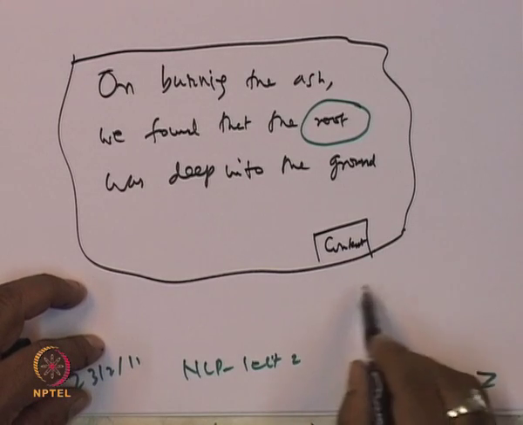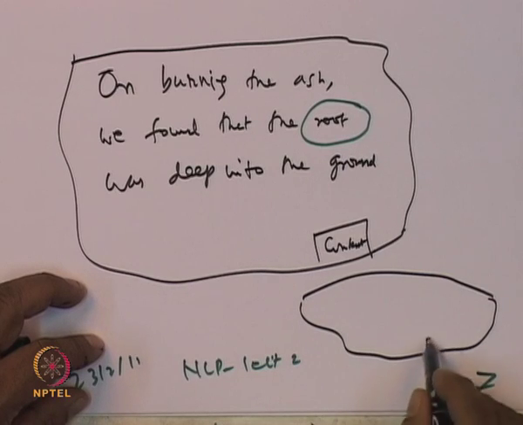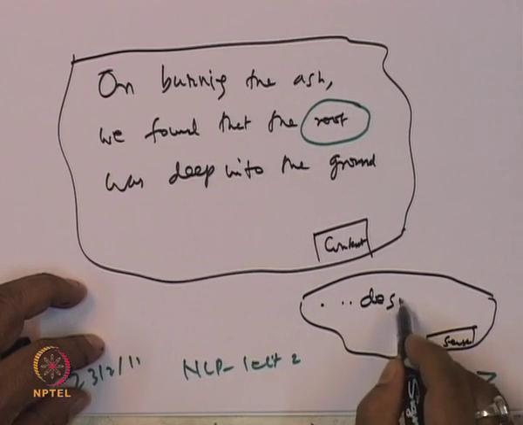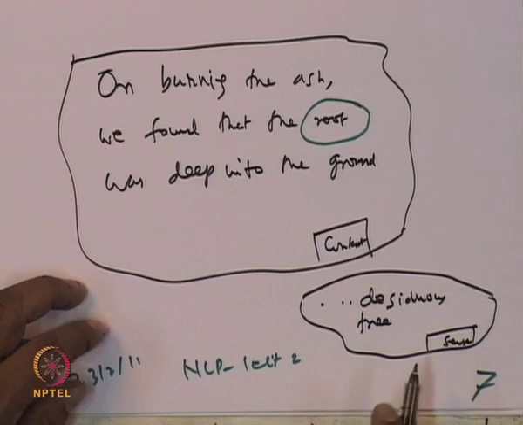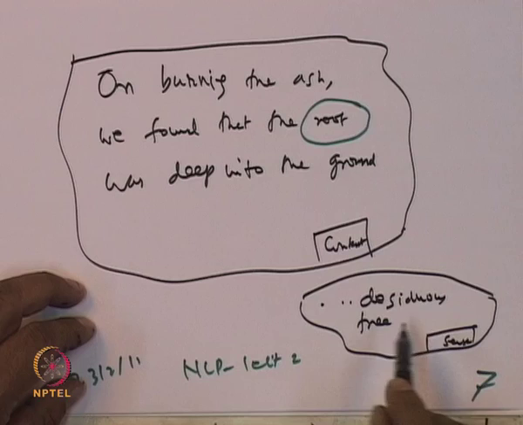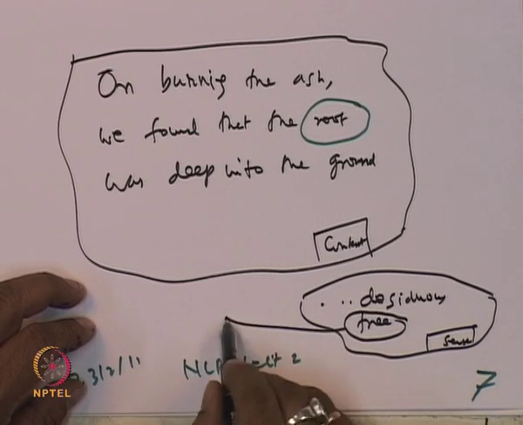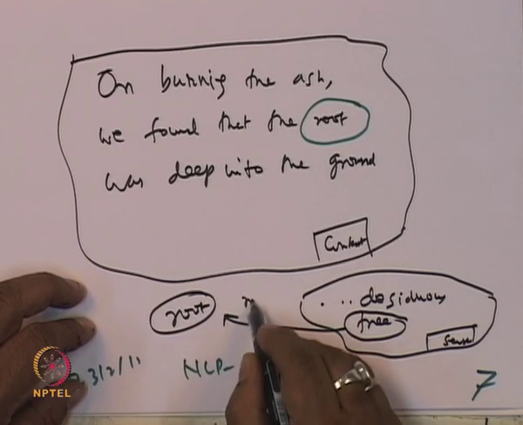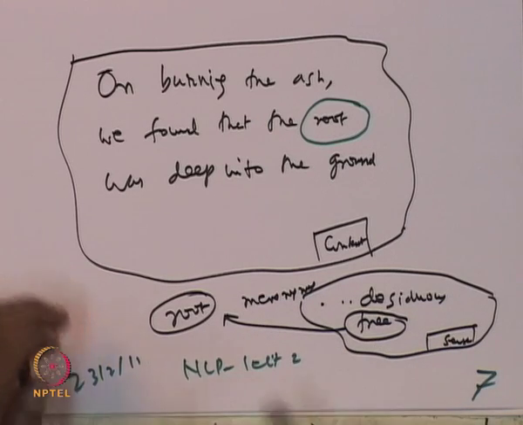Now, when we pick up the sense bag, so that had the word tree, deciduous tree. Okay. Now, the word tree has the word root through meronymy, okay, which is the part of relation.